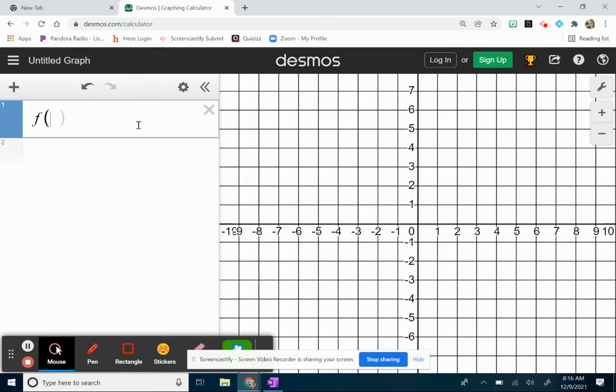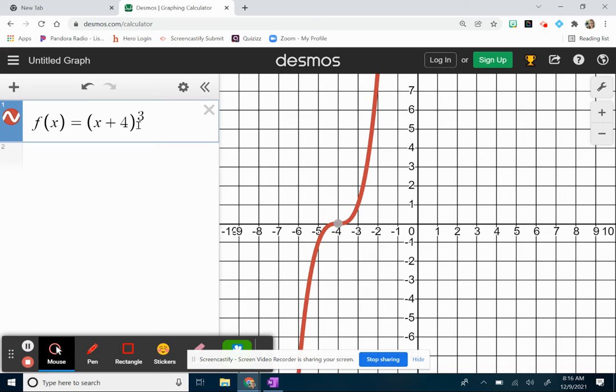So the first function was f of x is equal to x plus 4 to the power of 3. So raising x to the third power kind of gives me this wavy shape. And then the plus 4 inside shifts this from the origin to left 4. That's my original function.